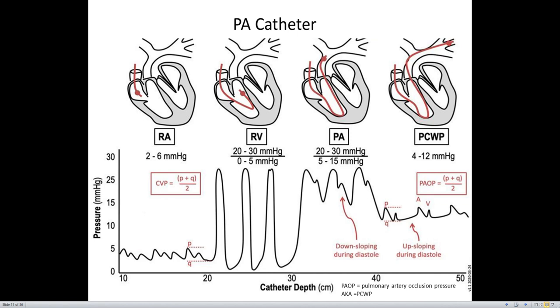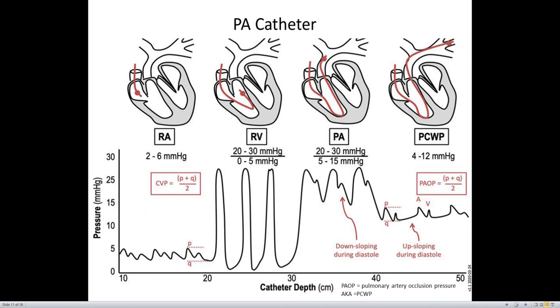If we move on towards the right, you can see that the catheter balloon has moved into the right ventricle. The right ventricle is significantly smaller in mass than the left ventricle because it doesn't have to push blood out to a whole systemic area. It just has to push blood out to the pulmonary vessels, so it doesn't need to be as big.